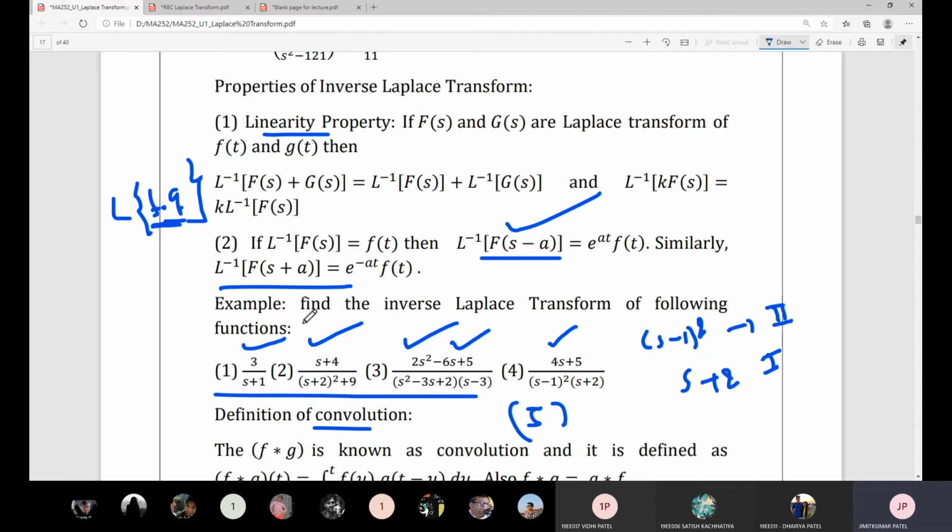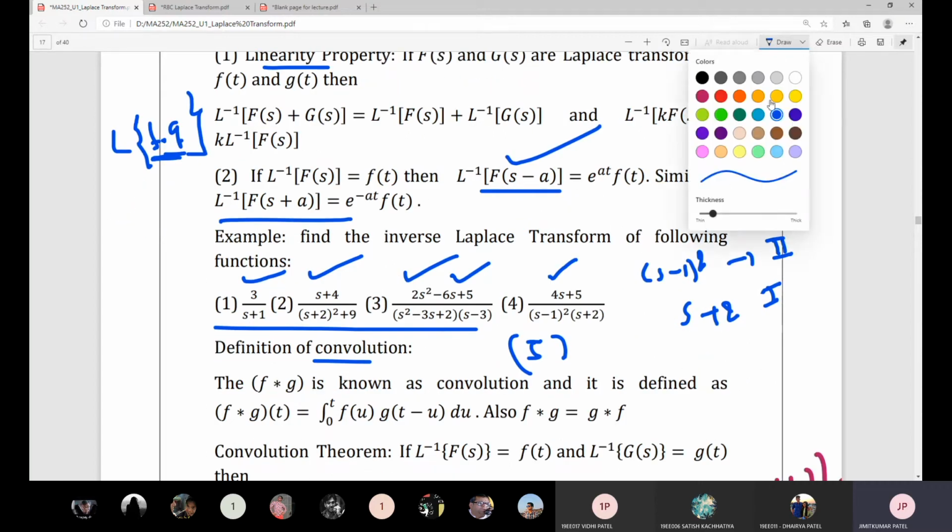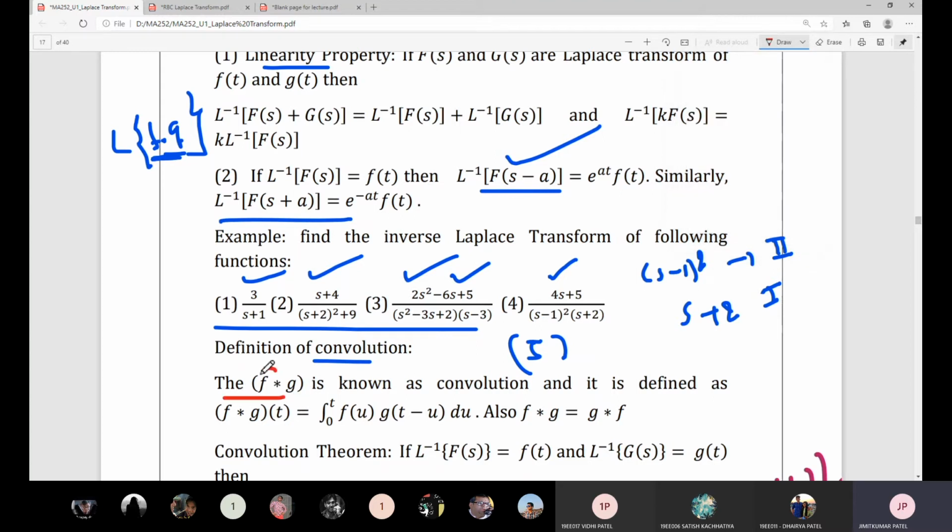Okay, so what is the definition of convolution? The notation for convolution is f star g. Star is the product, the convolution product. So f star g is known as convolution, and it is defined as f star g of t equal to integration 0 to t f of u g of t minus u du. Here the first function has no variation, the second has the variation with g of t minus u, and the limit will be 0 to t.